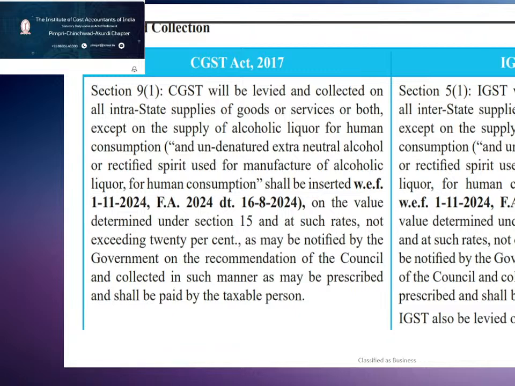The question here is: examine whether the suppliers are eligible for composition levy under section 10 in the following cases. I'm taking only a simple one. Siddharth and Sons, registered in Delhi, owns a restaurant, Tasty Foods, with a turnover of 112 lakhs in the financial year 22-23.